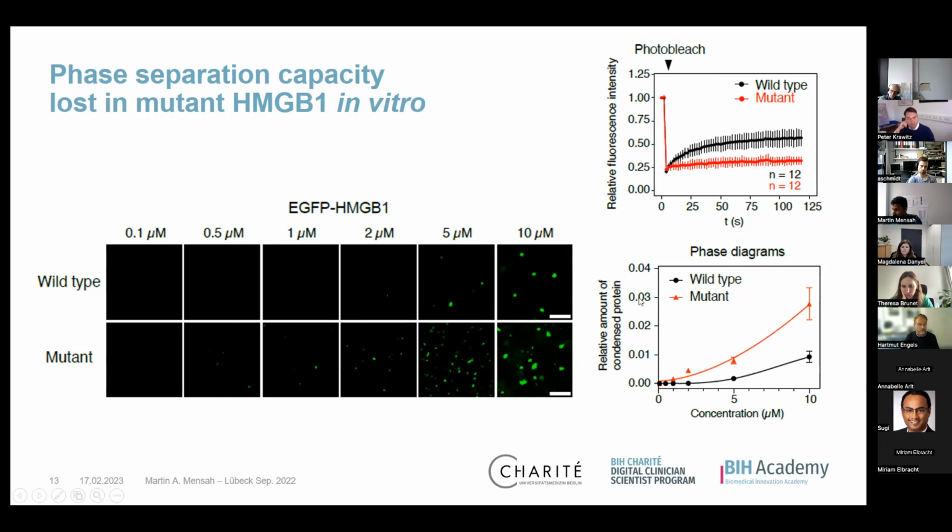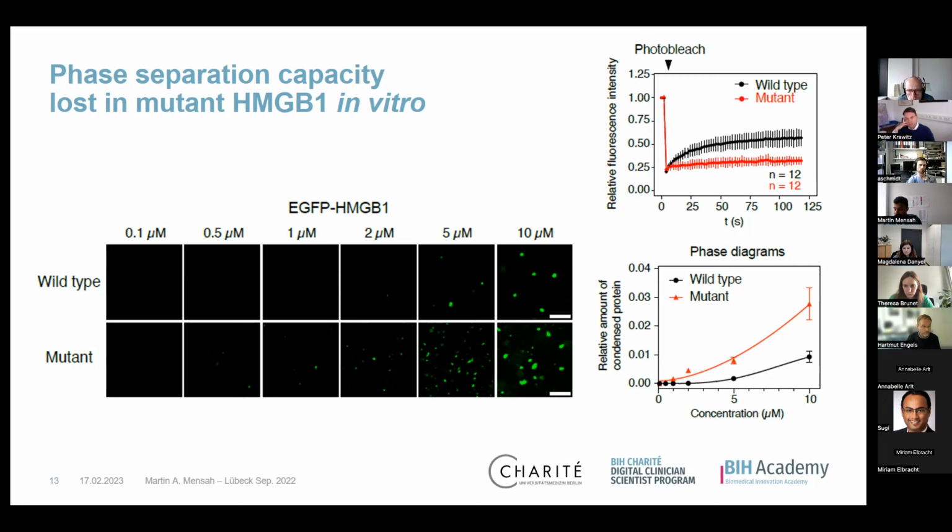These graphs show us what you already got from this series of images, that the concentration required for condensate formation is lower in mutant HMGB1. And here, this is also a very nice experiment they performed. They performed a FRAP experiment, FRAP, F-R-A-P. That means fluorescence recovery after photobleaching.